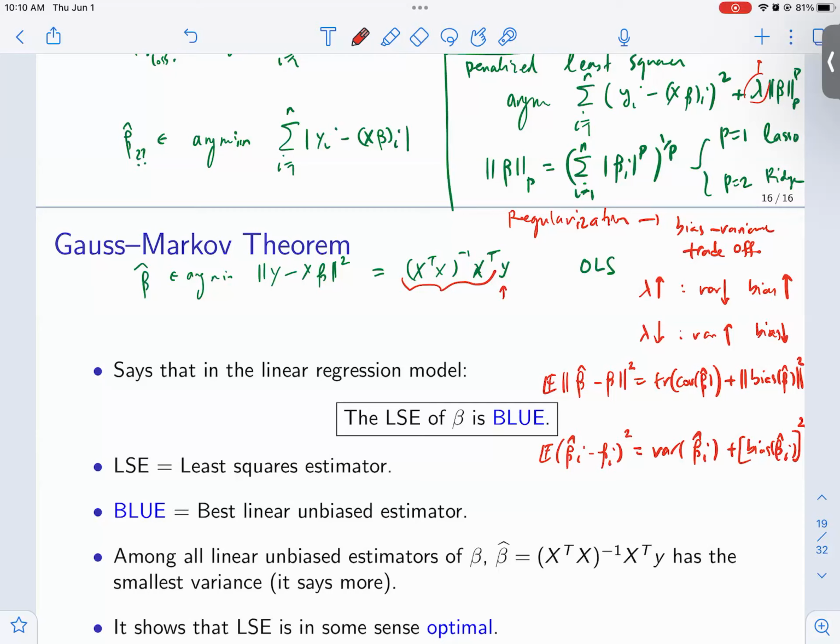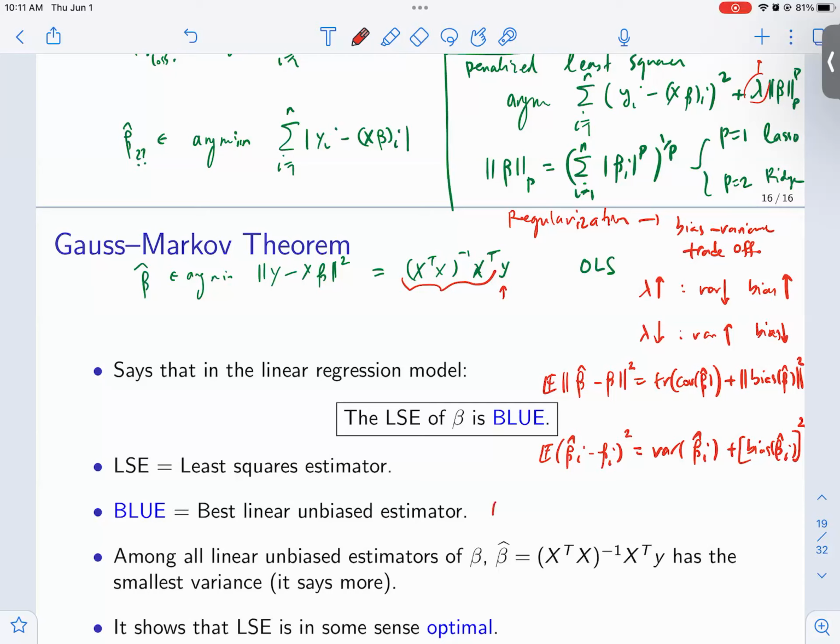Among all the linear unbiased estimators, this is best. It minimizes the variance. Smallest variance is best if you're unbiased. This holds generally under the uncorrelated noise assumption.